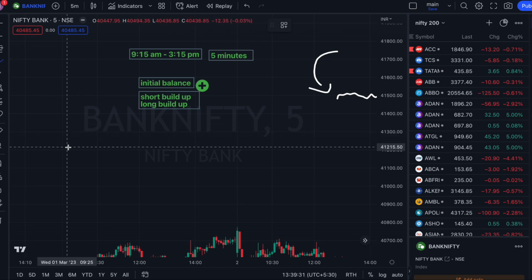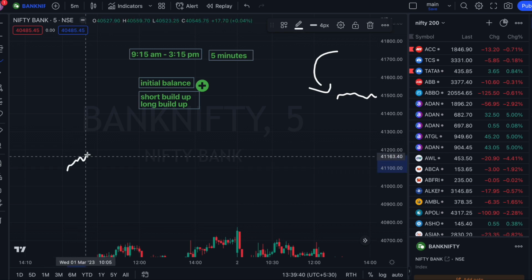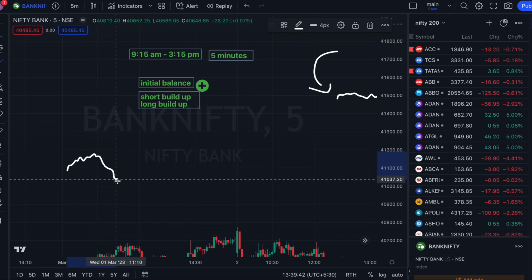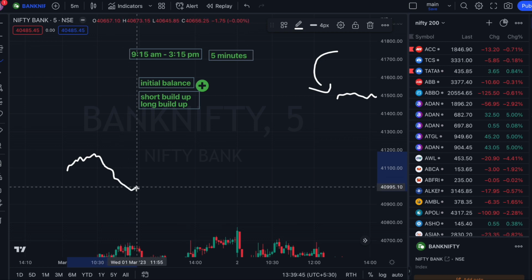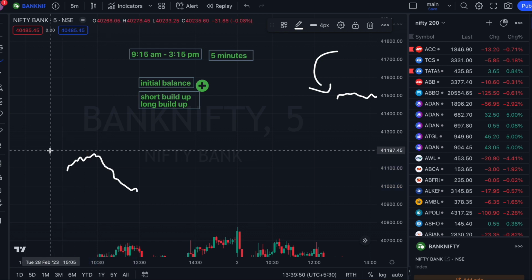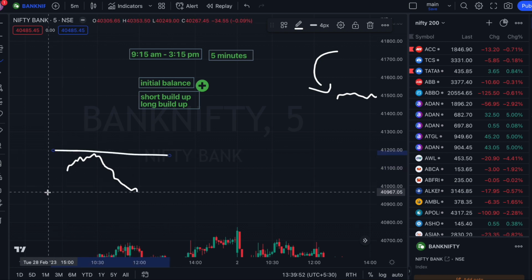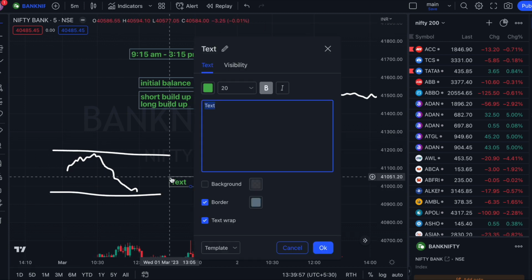So let's say the market starts at 9:15, and by the time we reach 10:30, there is a range of price which is formed, and this particular range is called initial balance. And why is it important?